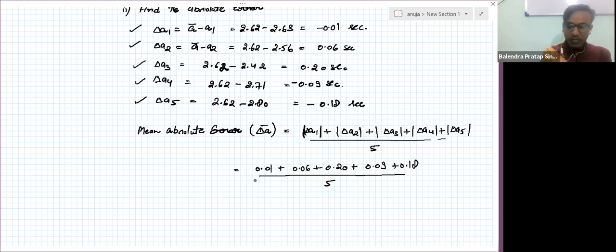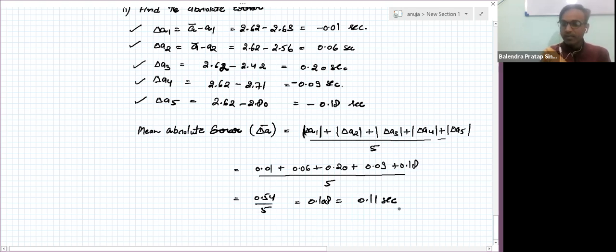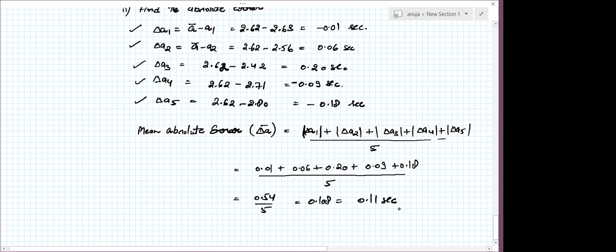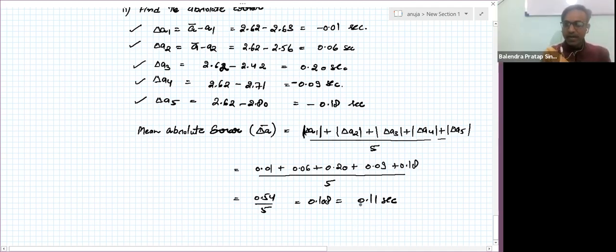We will do some more problems on this topic. So now if you take the average value, it will be 0.54 divided by 5, which is 0.108. So the value is like 0.11 second. So the error value, delta A bar, is 0.01 second.